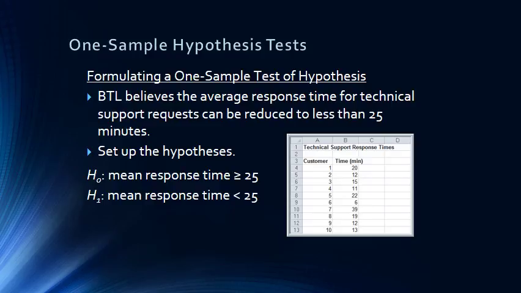So the first thing for us to do is set up our hypotheses. Our null hypothesis would be that the mean response time is greater than or equal to 25. And the alternate hypothesis would be that the mean response time is less than 25. You can immediately see, as you look at the data in the screenshot, that times are 20, 12, 15, 11, 22, and so on. But they want to reduce the time to less than 25.